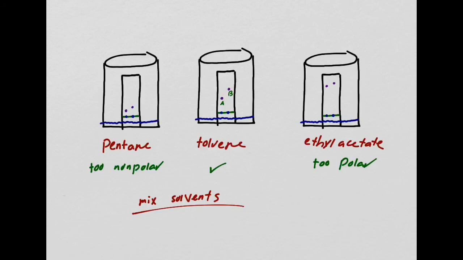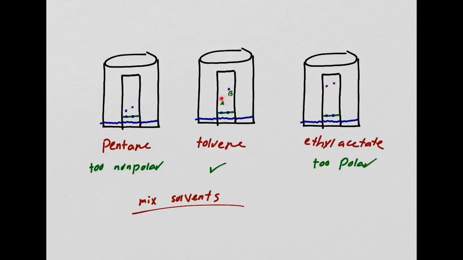A or B? I can't hear you, but answer my question anyway. That's the question. A or B, which one is more polar? The answer is A is more polar, because we talked about it.